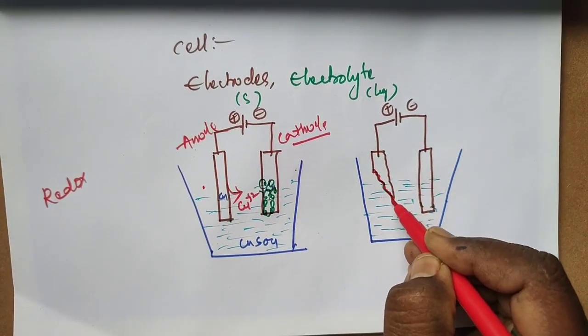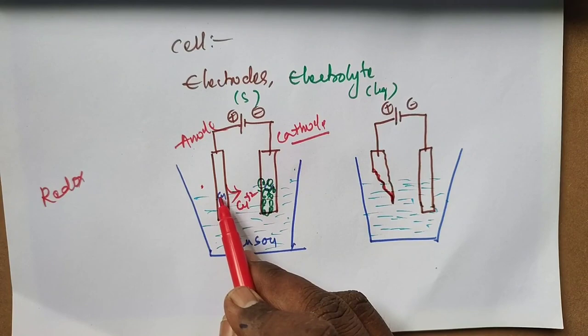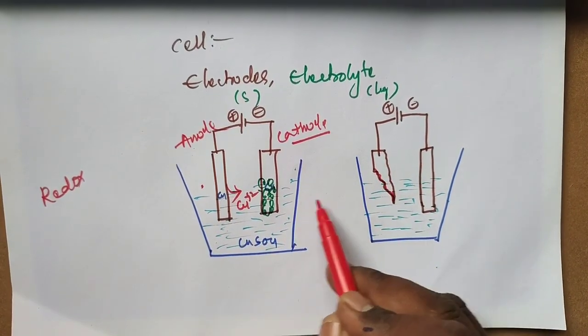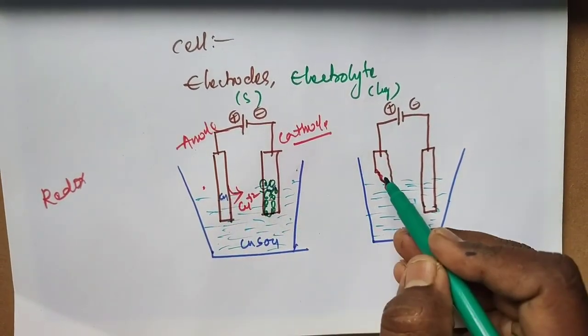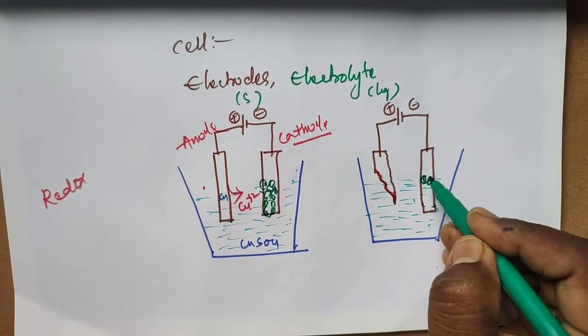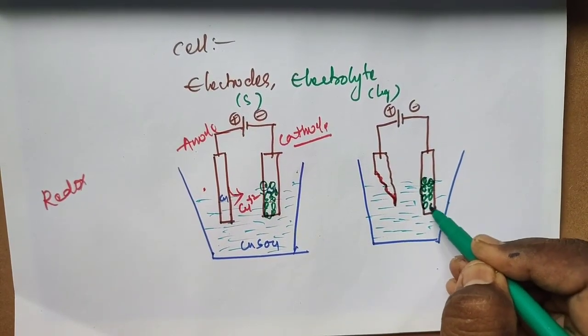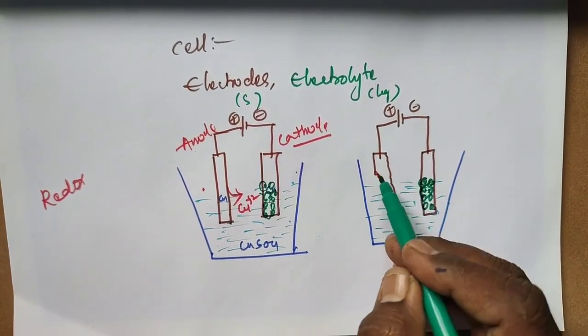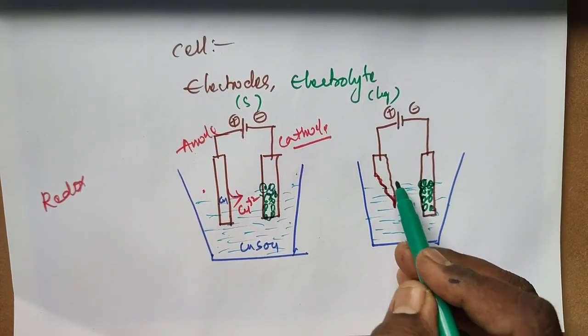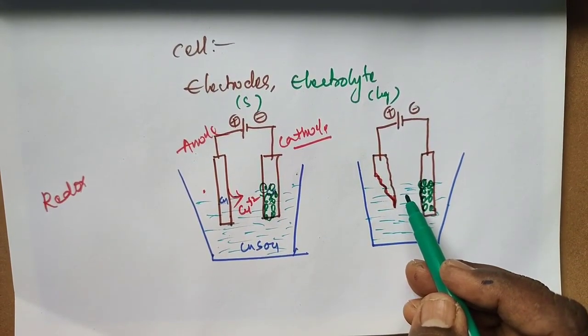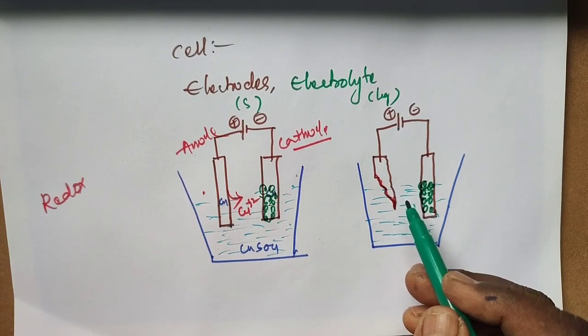Why does it appear like this? Impure copper is converted to the pure form. The impurities are left, and pure copper ions occupy this electrode, so it appears like this after some time during the chemical reaction.